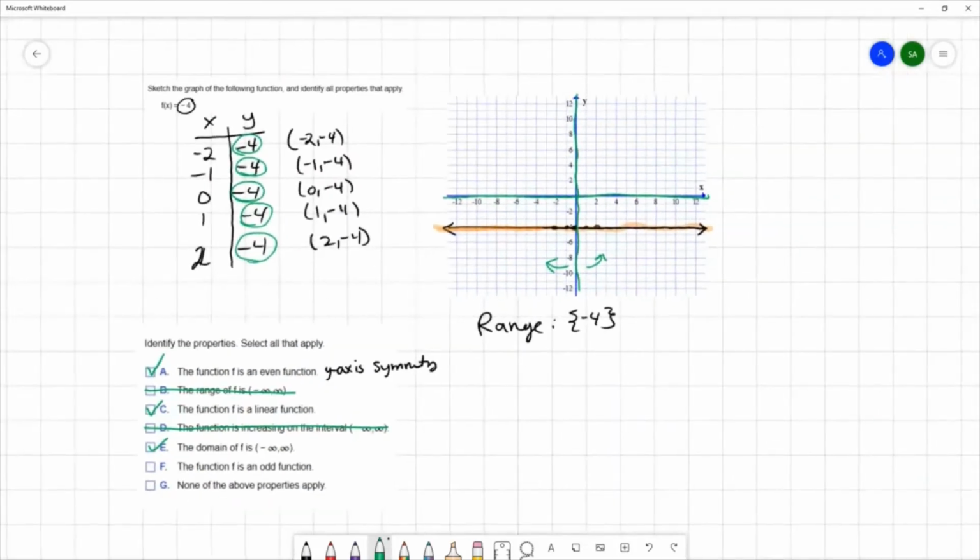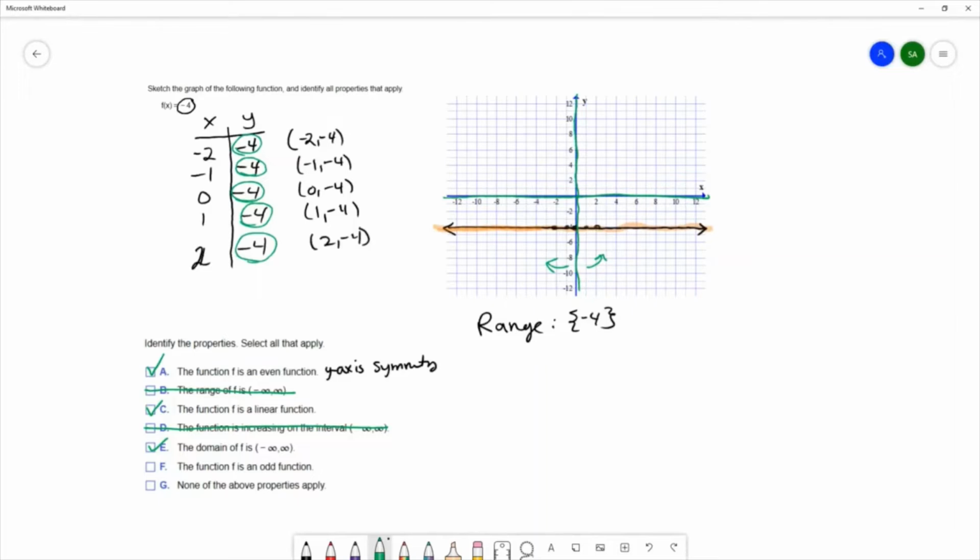The next property says the function is an odd function. An odd function has origin symmetry. So origin symmetry would be reflecting, having a mirror image around the origin. So opposite quadrants would have a mirror image.